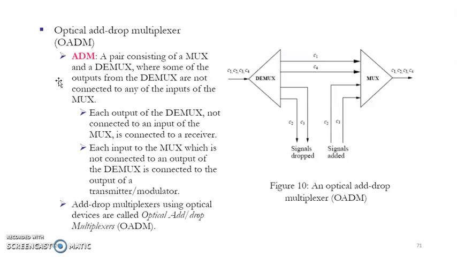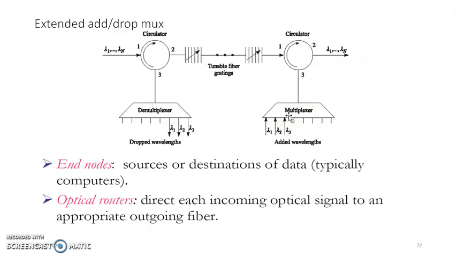Each input to the mux not connected to an output of the demux is connected to the output of the transmitter modulator. So an add-drop multiplexer using optical devices is called an optical add-drop multiplexer. That is about the signal dropped and the signal added. That is the case of an add-drop multiplexer.